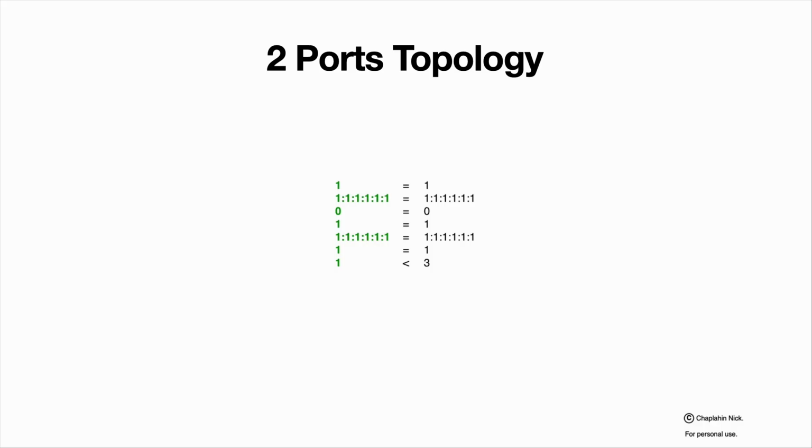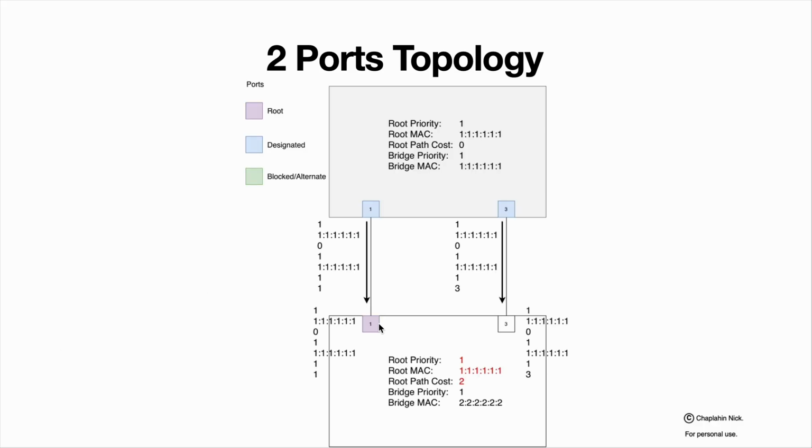Again, we have a winner, and this winner tells us that port number 1, which receives the best priority vector, is a root port. The other port is automatically blocked, and for xSTP, MSTP it is also alternate.